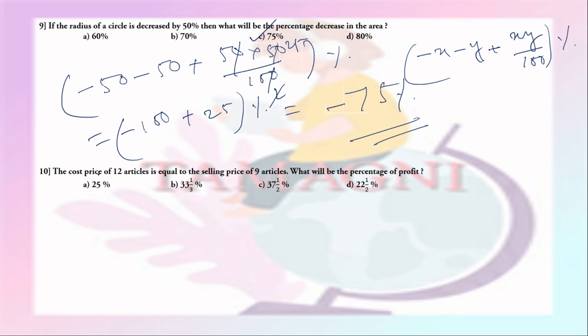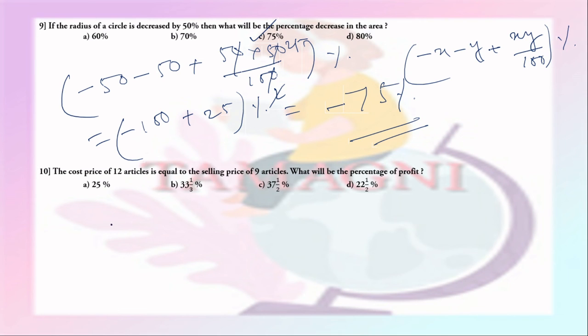Question number 10. The cost price of 12 articles is equal to the selling price of 9 articles. What will be the percentage of profit? Here on selling 9 articles, we actually gain the cost price of 3 articles, because 12 articles are bought at the price of the selling price of 9 articles.